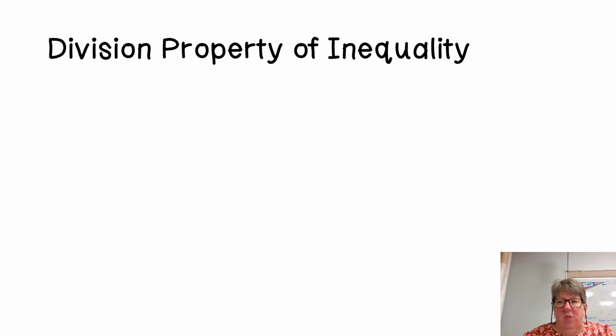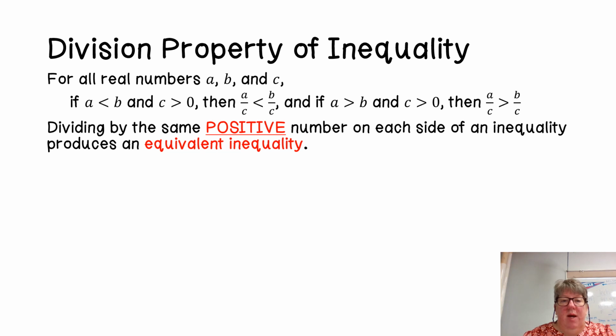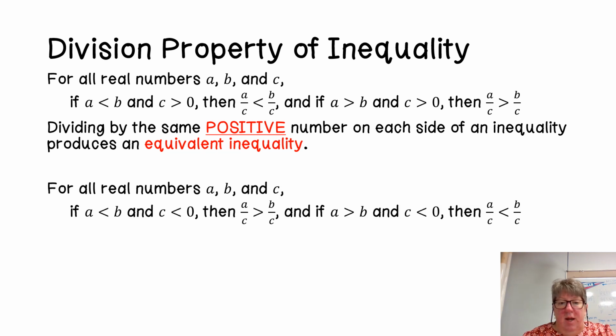Division works just like multiplication. If I divide both sides by a positive number, then I don't do anything differently. It's just like it is with equations. However, if I divide by a negative number, if c is less than 0, and of course c can never be 0, right?